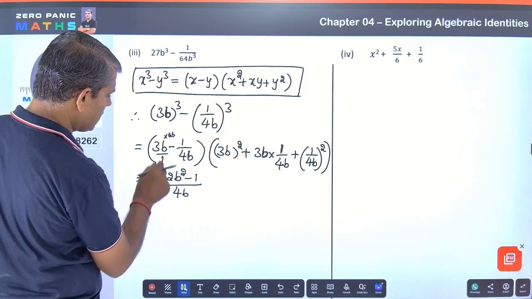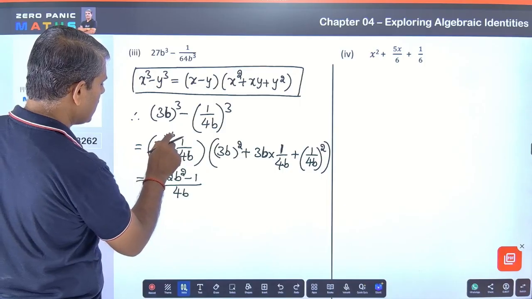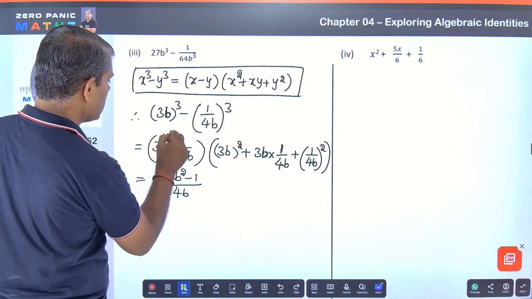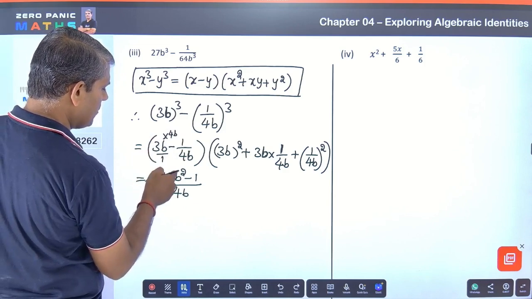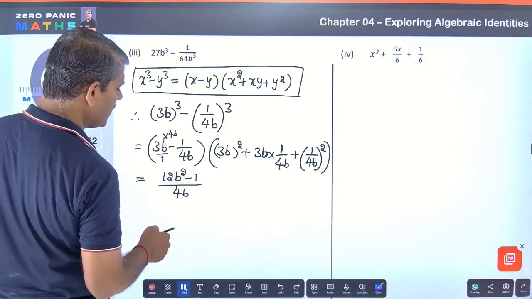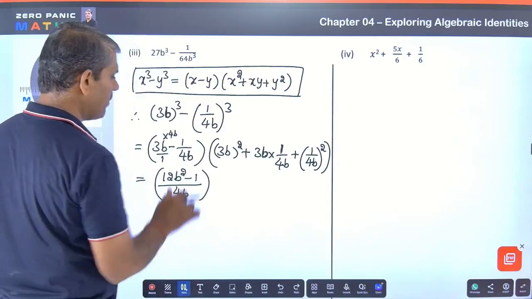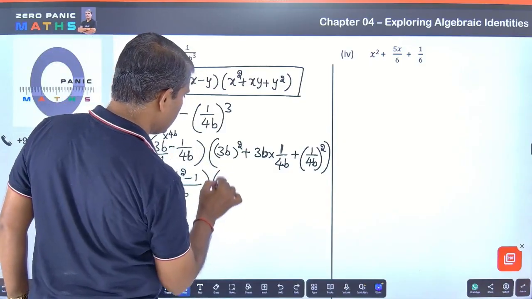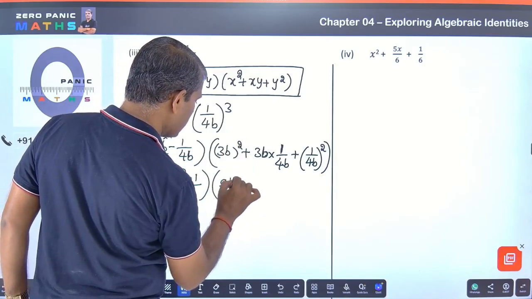Since I have taken 4b as LCM, 1 multiplied by 4b gives 4b, and 4b multiplied by 3b will get me 12b square minus 1 as the numerator. So this is the first bracket. The second one, (3b) whole square, will give me 9b square.